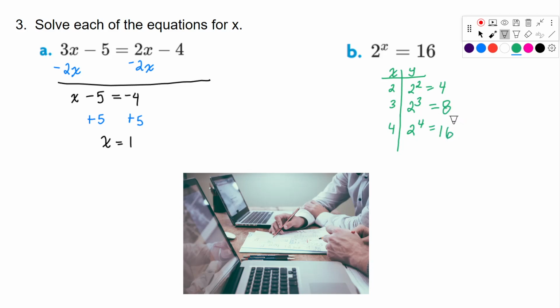Now that I know where I have a value of 16, I can check to see what the x value is, and in this case we would be able to say x equals 4. So in your homework assignment, if you have an exponential equation, just do some guess and check to find what that exponent would have to be to equal the value on the other side of the equal sign.